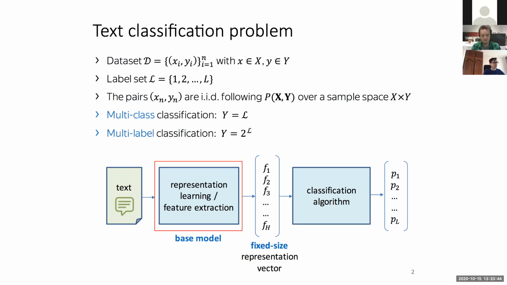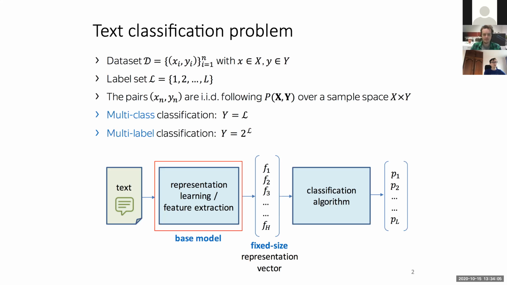In this slide, I also illustrated what the usual pipeline of a classification model looks like. So we have a text, and then there is some base model that does some representation learning and outputs a fixed size representation vector.